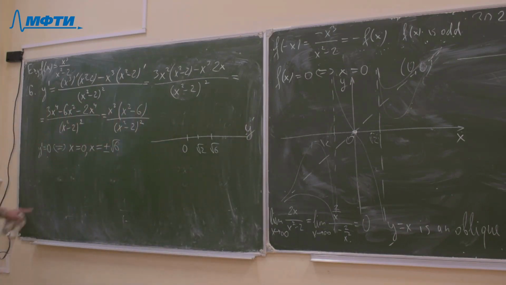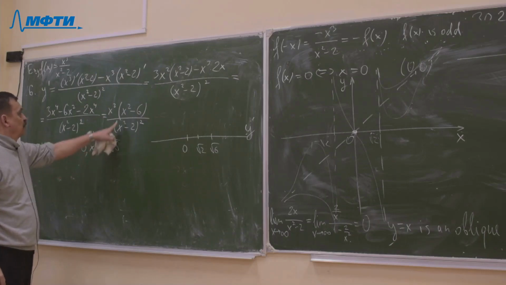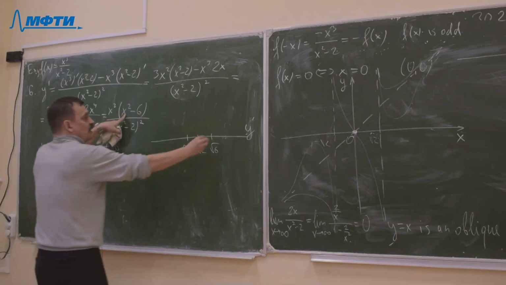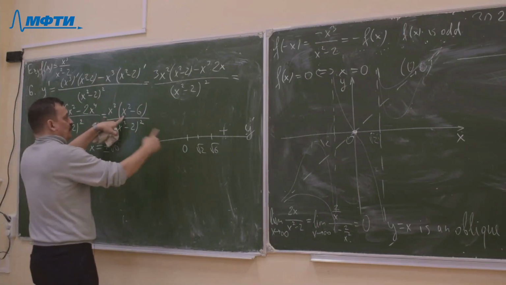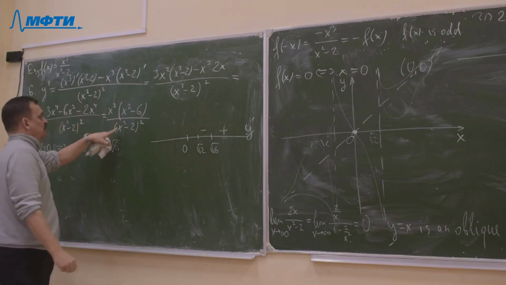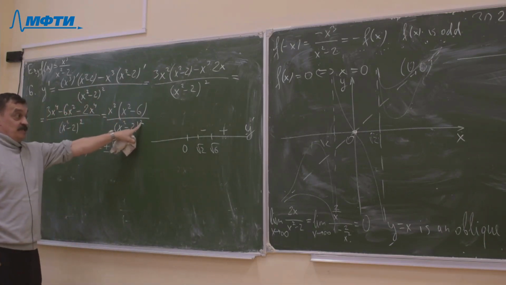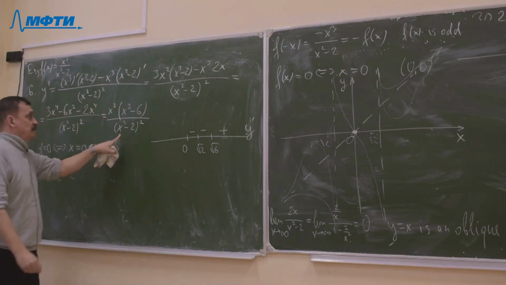The sign of the derivative starts from plus and changes sign when x passes through square root of 6, to minus. It doesn't change sign when it passes square root of 2, staying minus.